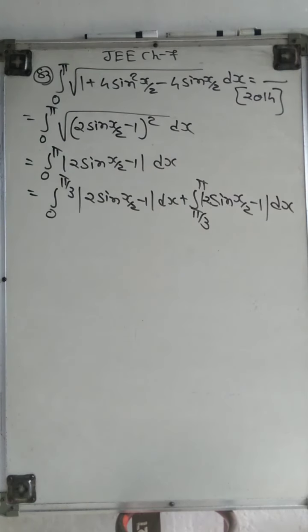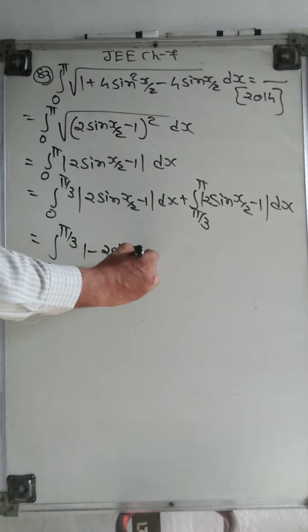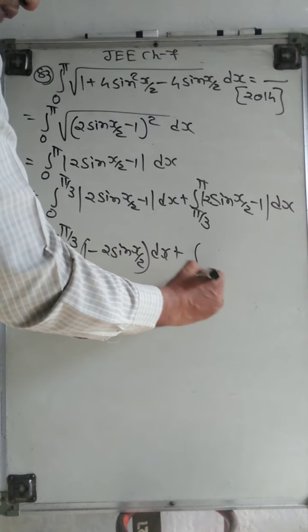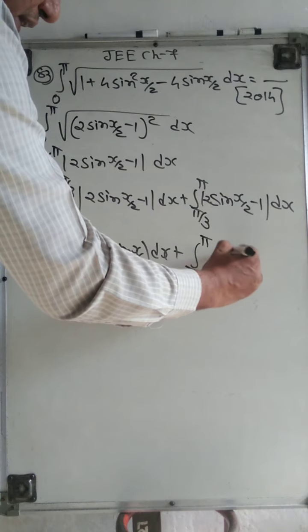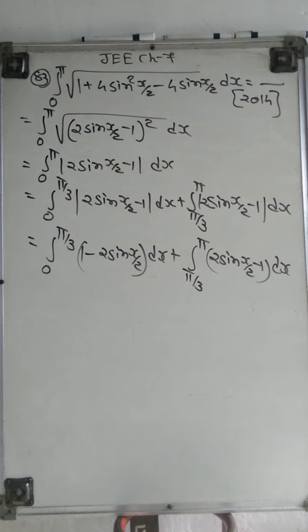Now in the first interval, this is negative, therefore we can directly put integration 0 to pi by 3 of 1 minus 2 sin x by 2 dx, and plus here it becomes positive, so pi by 3 to pi, we directly put integration of 2 sin x by 2 minus 1 dx. Now if this is completed, then you can easily do the sum very well.